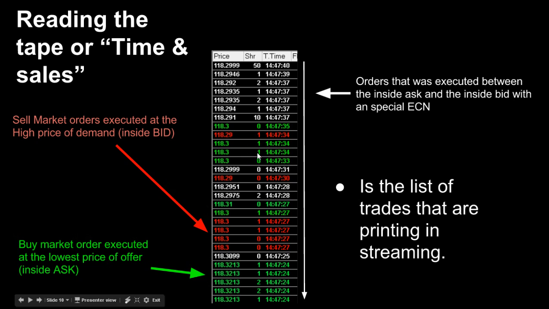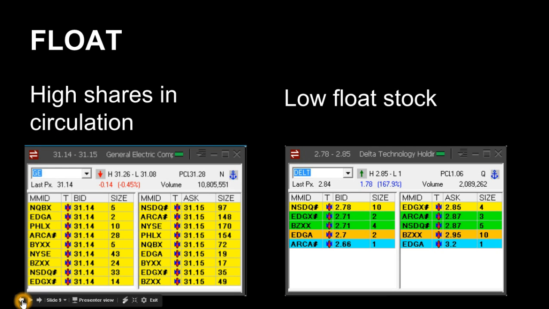For example, if one print is 100 shares, it's the same as in level 2. If you see a red print of 100 shares on the tape, it's absorbing one of these, so in this case the size after that is going to be 9. So it's absorbing all the demand.